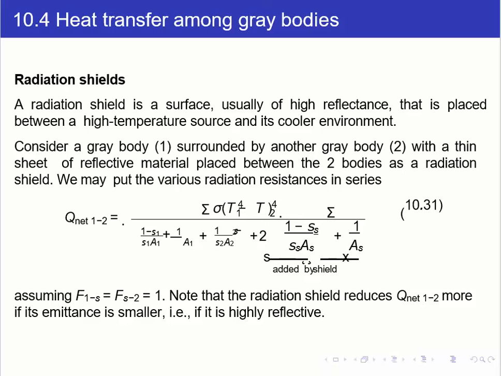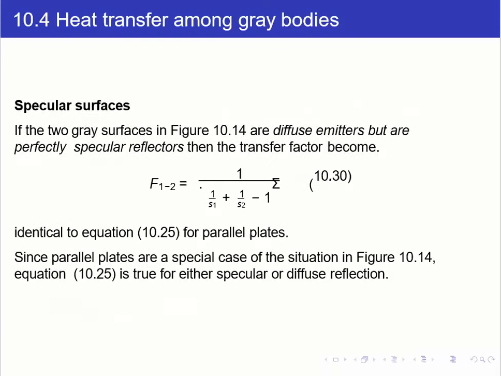Here we have a note that the radiation shield reduces Q net 1 to 2 more if the emittance is smaller, that is, if it is highly reflective.